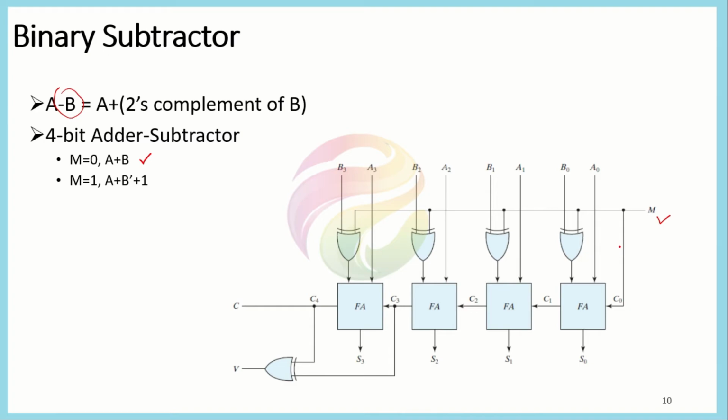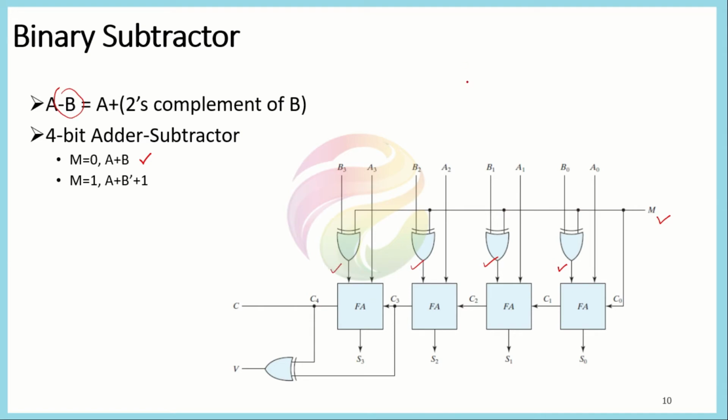And how we can use it: first, say we have to subtract the a minus b term. If m is equal to 0, then this circuit would be behaving like a normal adder. In that case, what would happen at the output of these exclusive OR gates?